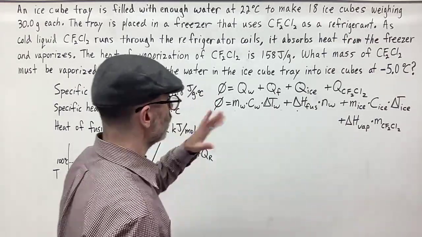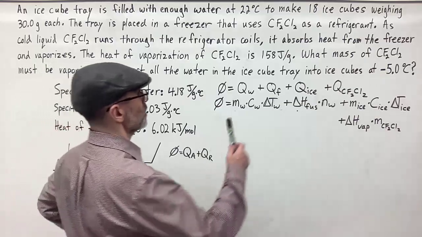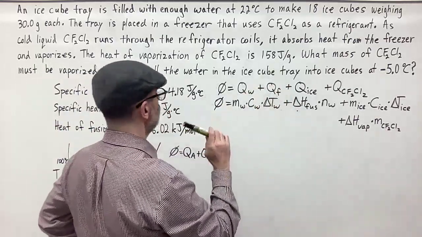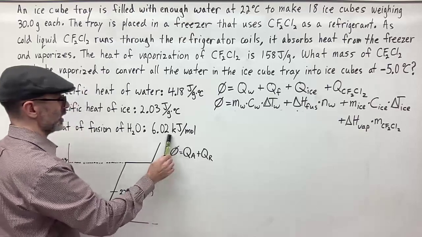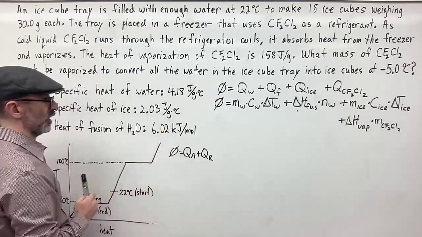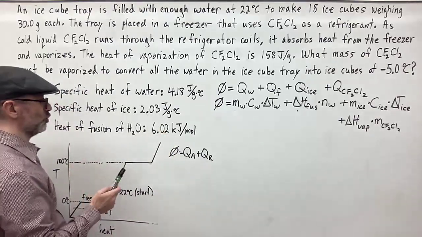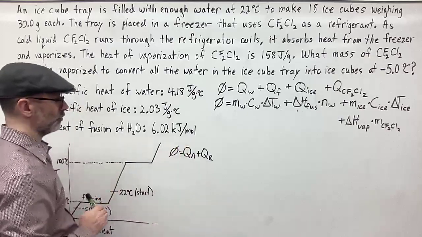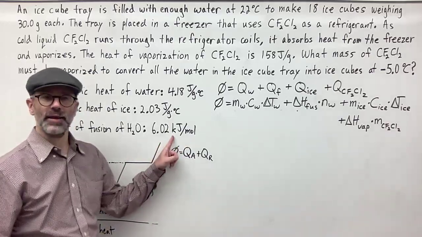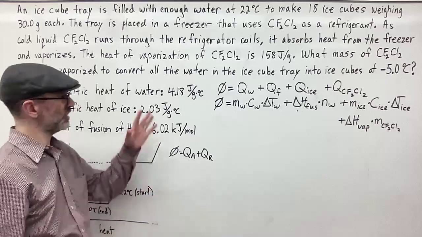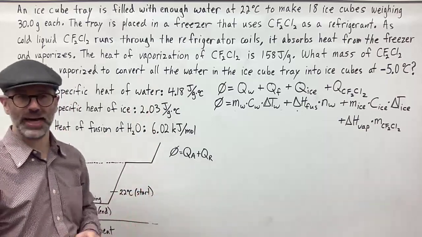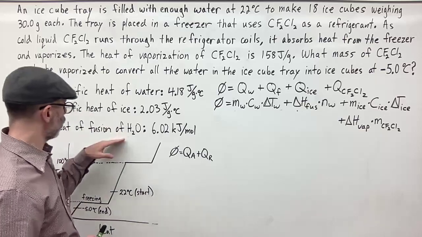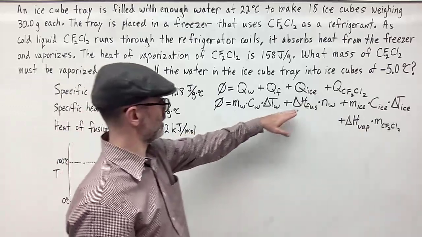Now, there's one thing I need to keep in mind here. So this is in joules, and this is in kilojoules. This is in joules as well. So everything's in joules except for this. So this is in kilojoules. So I need to make sure that I convert that to joules. So here, that's the heat of fusion. That's this here.